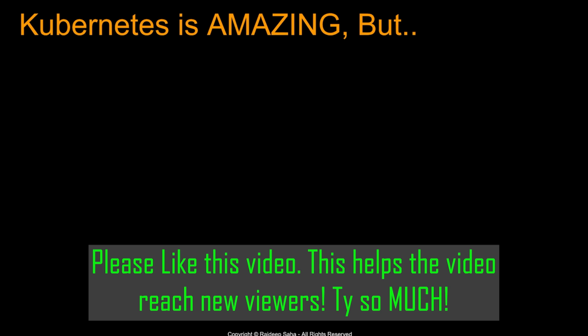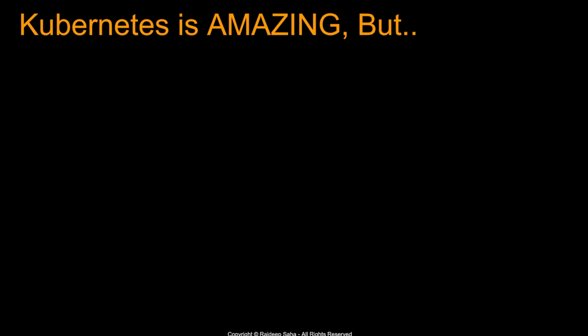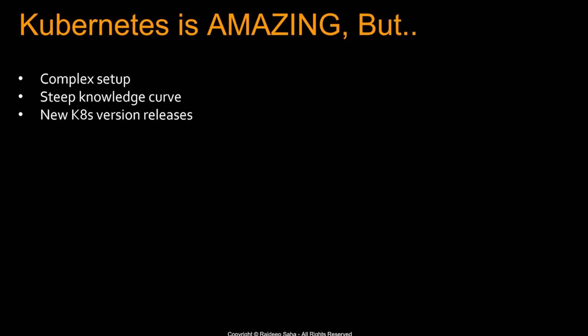Kubernetes is amazing, but it does have some challenges. The setup is complex, it has a steep knowledge curve, new Kubernetes versions release frequently, and you have to upgrade your cluster beyond a certain point because the cloud-provided Kubernetes services don't support more than the last 3 to 5 Kubernetes versions.